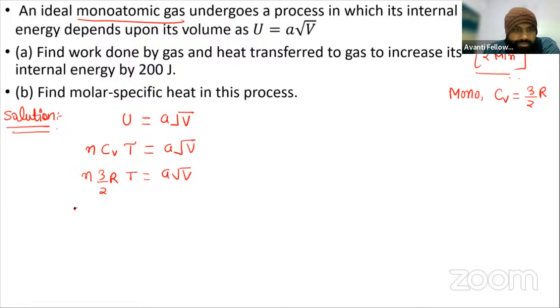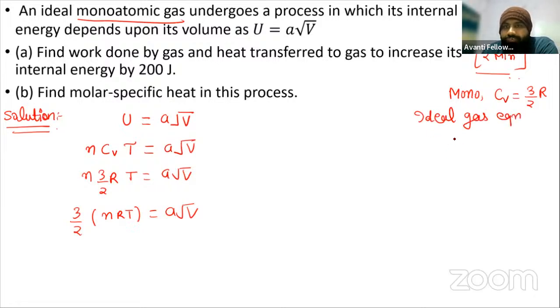So with Cv as 3 by 2 R, we have 3 by 2 times nRT equals A root V. Now you can take the 3 by 2 and write it as nRT, A root V. From the ideal gas equation, PV equals nRT, so you can put this value PV here: 3 by 2 times P into V. Why are we focusing more on PV?